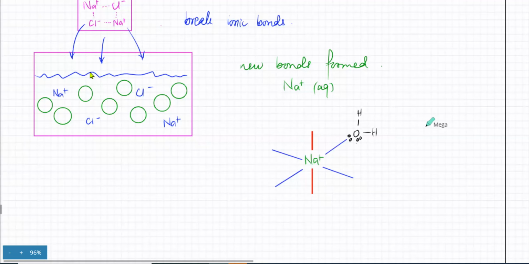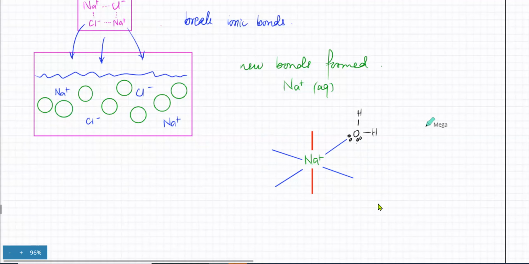The Na plus 1 is not just randomly moving around. It's not Na plus 1 aqueous. It's actually Na plus 1 bonded to water molecules. These water molecules are all sticking to Na plus 1 and they're tightly bound with it.